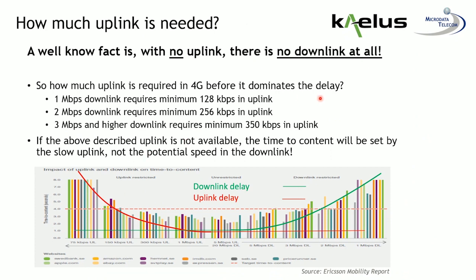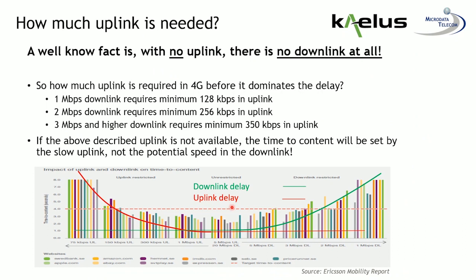In the important question that we have been touching a few times now, the question on how much uplink do I need? As the downlink is where we measure, but how much uplink do I need to provide the service for the downlink? This is a slide done by Ericsson from their mobility report.